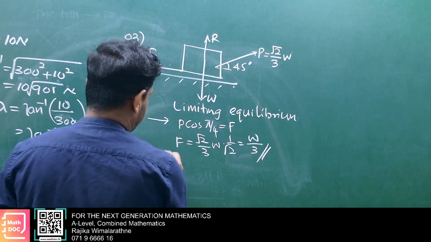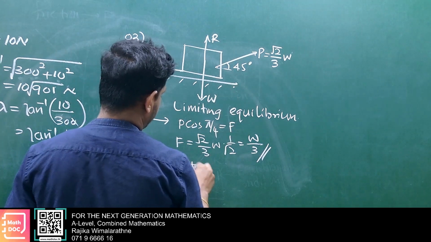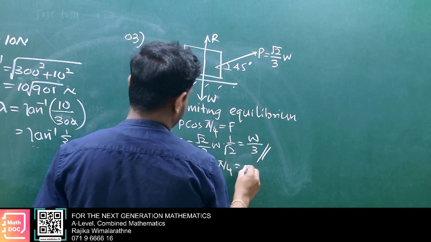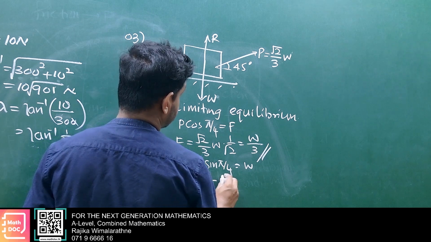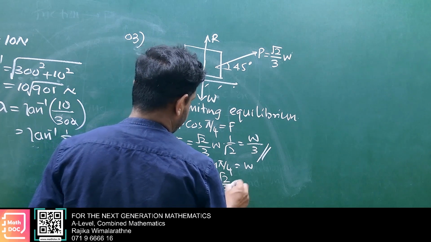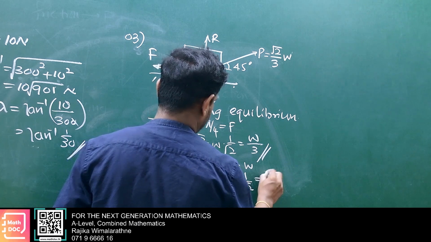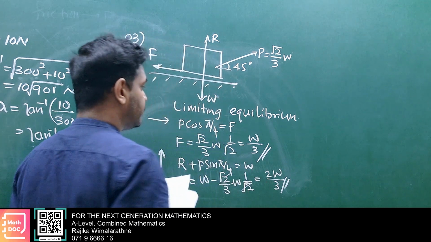Then consider vertical forces: R plus P sin 45 equals W. Then R equals W minus root 2 over 3 W times 1 over root 2, which is 2W over 3.